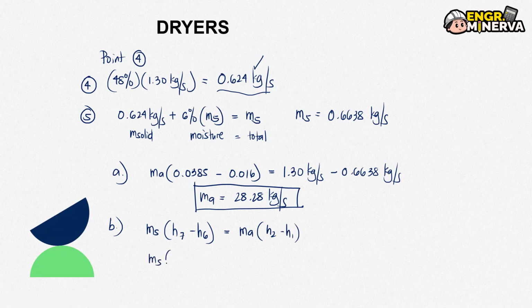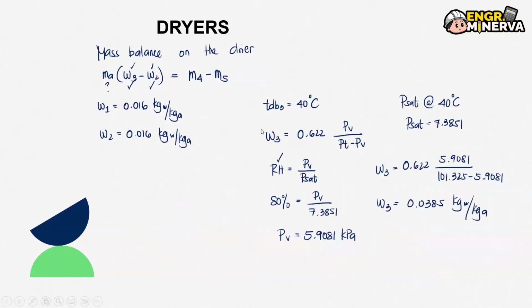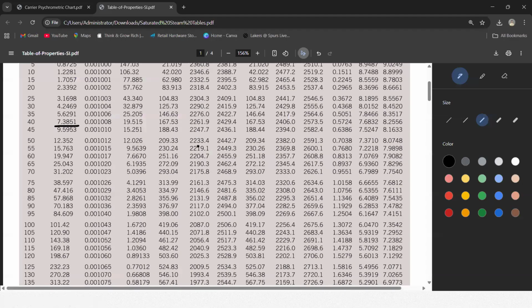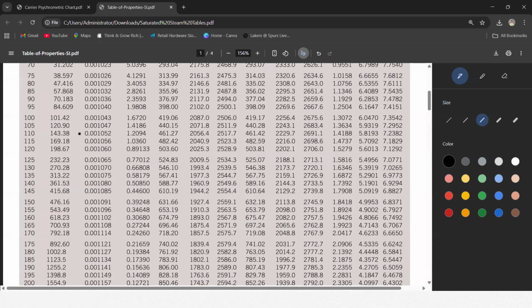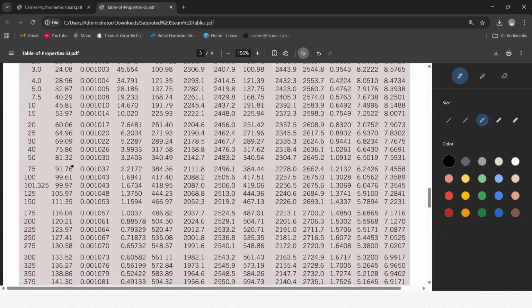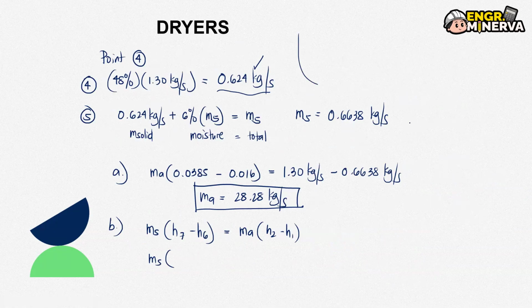Okay, mass of steam. What would be H7? H7, it said that 133.9 kPa, 95% quality. We need to check the steam table. Since it has a quality, a percentage, to get H7 that would be HF plus X HFG.